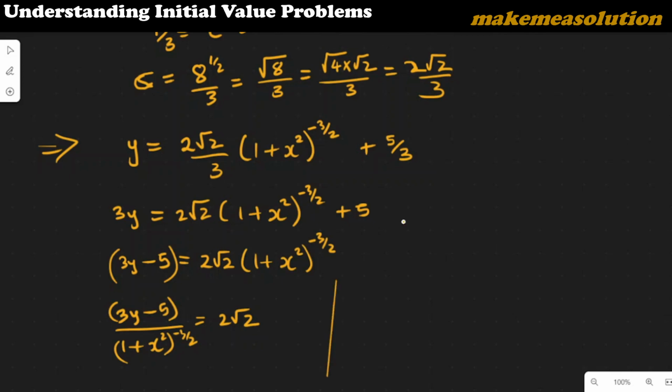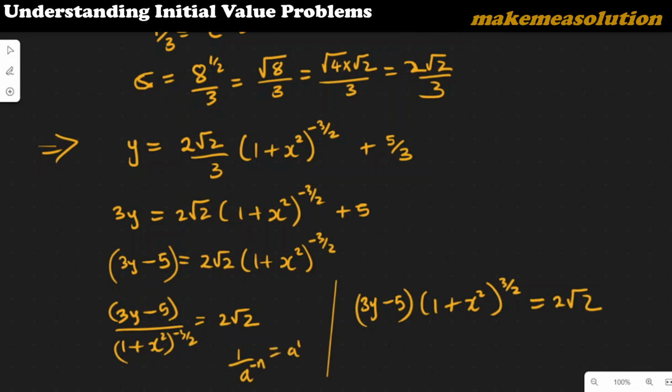If you simplify this further, what you're going to get is (3y − 5)(1 + x²)^(3/2) = 2√2. The law of indices that I applied here is 1/a^(-n) = a^n.